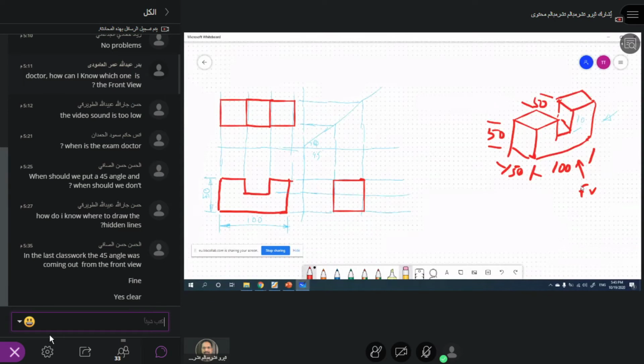But of course, this surface is hidden, which I cannot see from here. All I can see from this side is only a plain surface, but it is not. You see, there is one hidden surface there. So what I do, I project this construction line and I show that this line is hidden. Okay, you understand? Any questions?